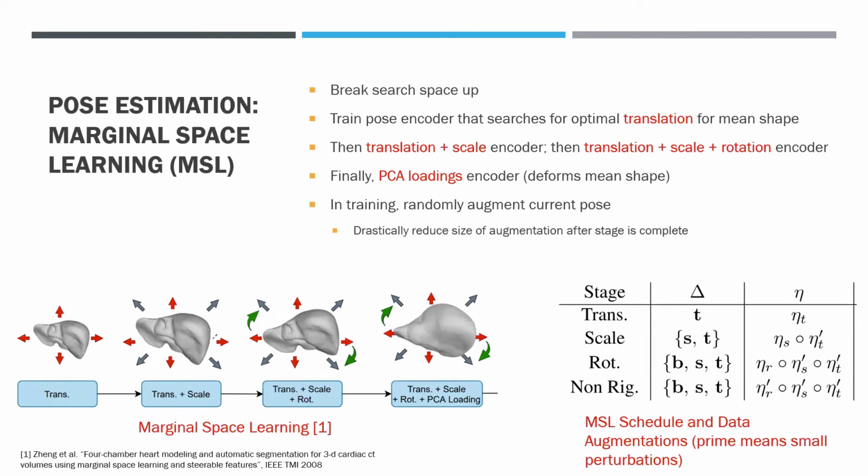All these things are critical, but it's still not enough to actually get the pose estimation working. And that's because they still haven't addressed one other major issue with pose estimation, and that is that we have a huge search space to explore, because we have the 9 rigid pose parameters and however many non-rigid PCA loadings that we're working with, and so this is something that we have to address. And this issue of having a huge search space is something that a lot of methods prior to deep learning, the classic statistical shape models, had to deal with all the time.